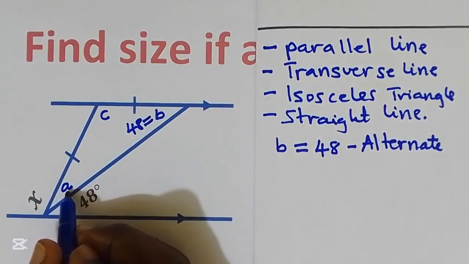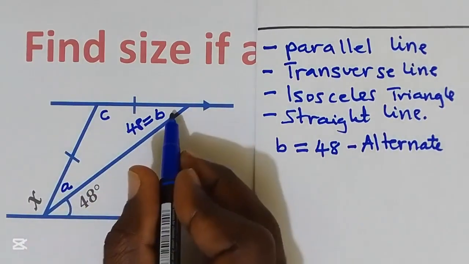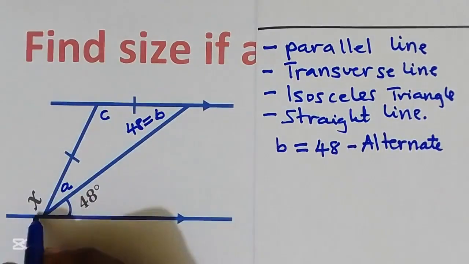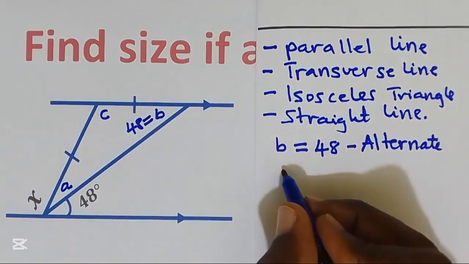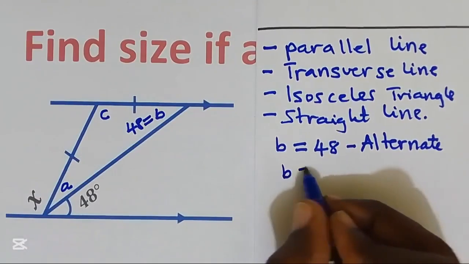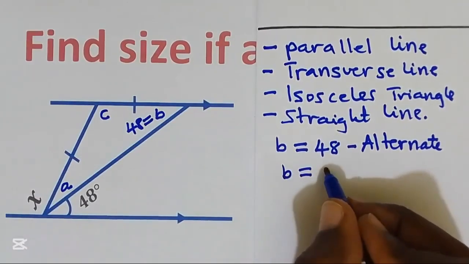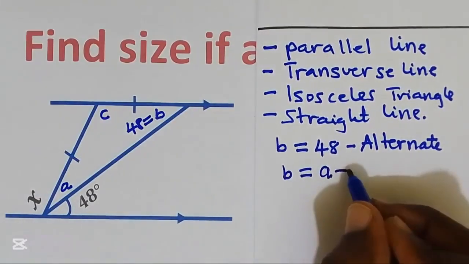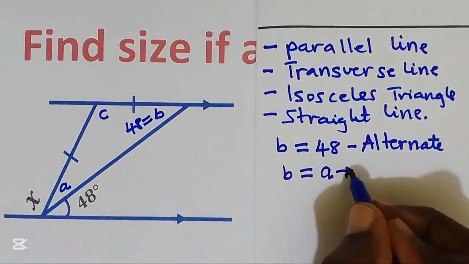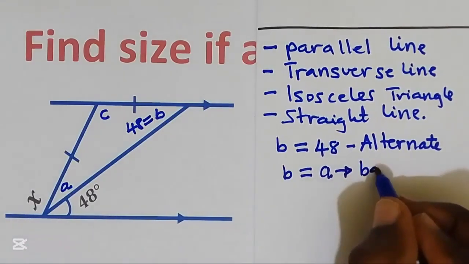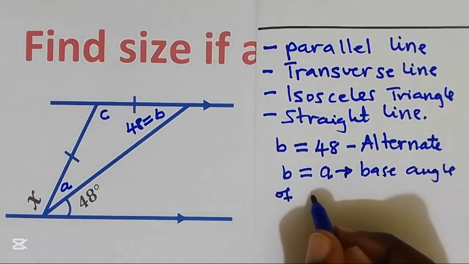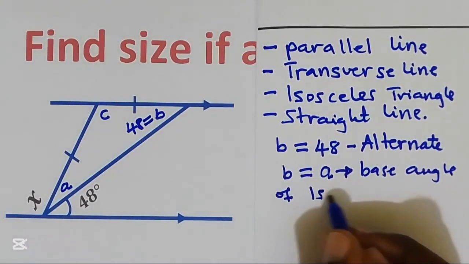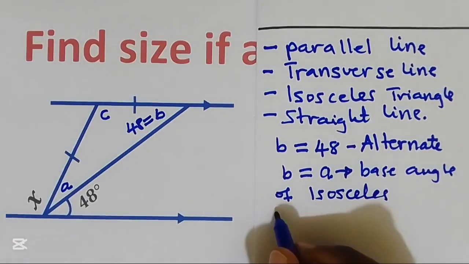Angle B is equal to angle A. The reason is they are base angles of this isosceles triangle. So B is equal to A. The reason is they are base angles of isosceles triangle.